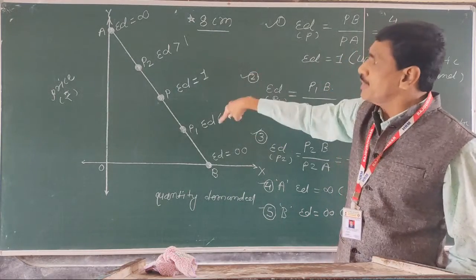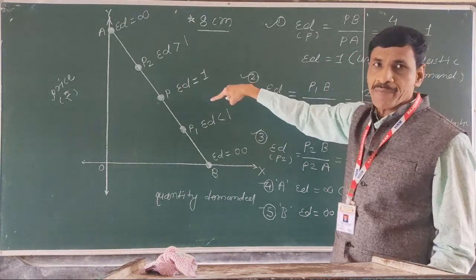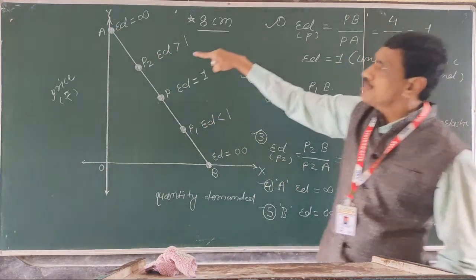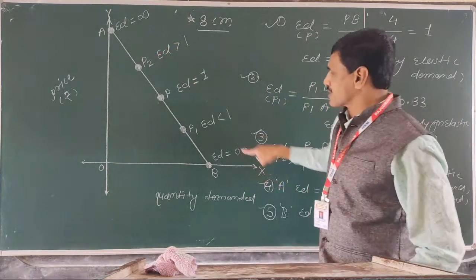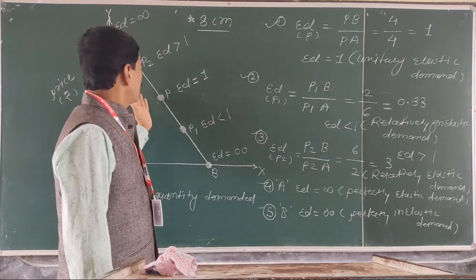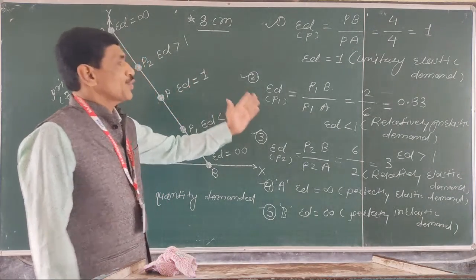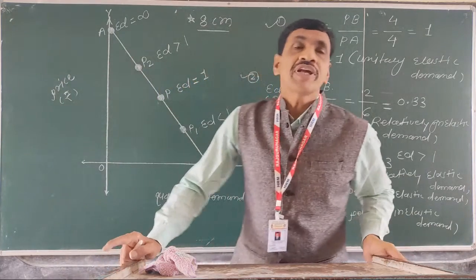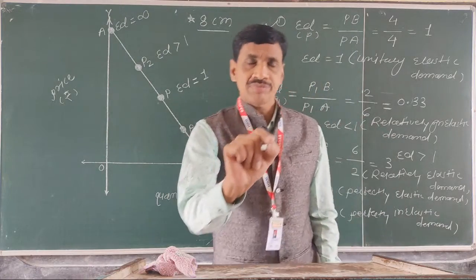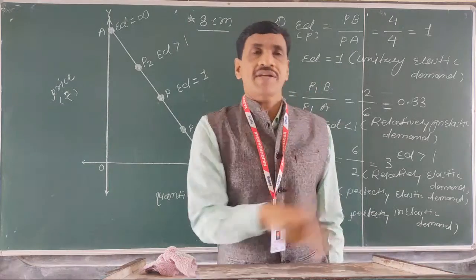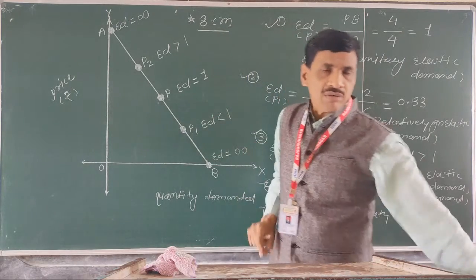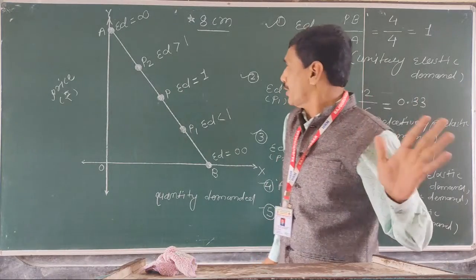It meets the y-axis at point A and the x-axis at point B. You use the formula ED is equal to L upon U, means lower segment on the demand curve below the given point divided by the upper segment on the demand curve above the given point.